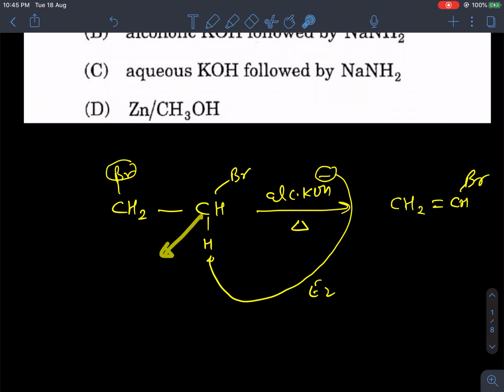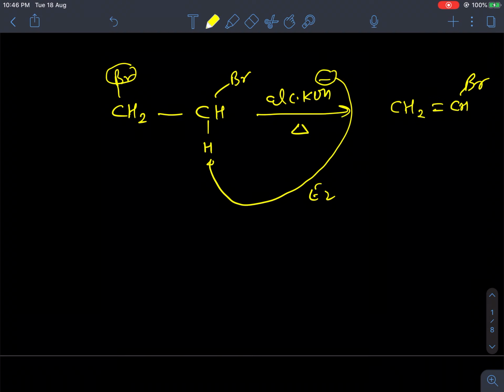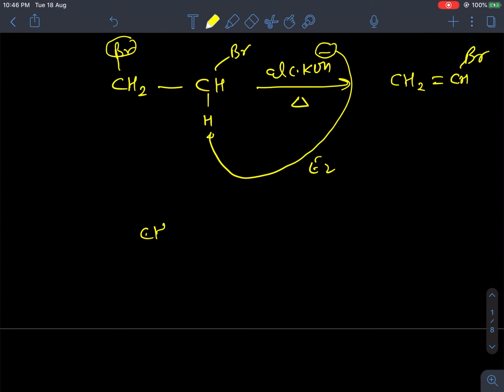Here the hybridization is sp3 and here the hybridization is sp2. So the percentage s character is increased, and because of that electronegativity increases, and because of the increase in electronegativity, the bond energy of carbon and hydrogen increases. If the bond energy increases, technically it is going to affect the process of elimination.